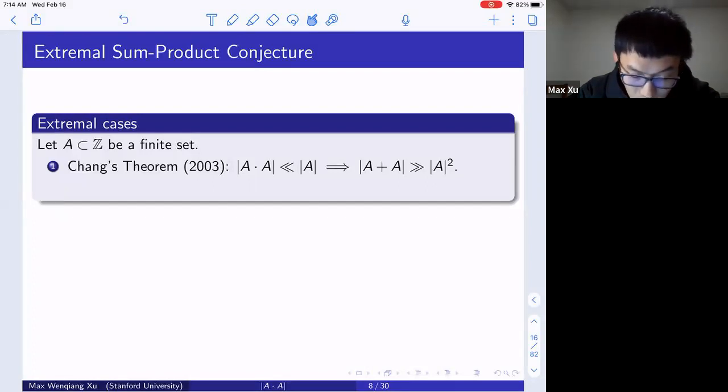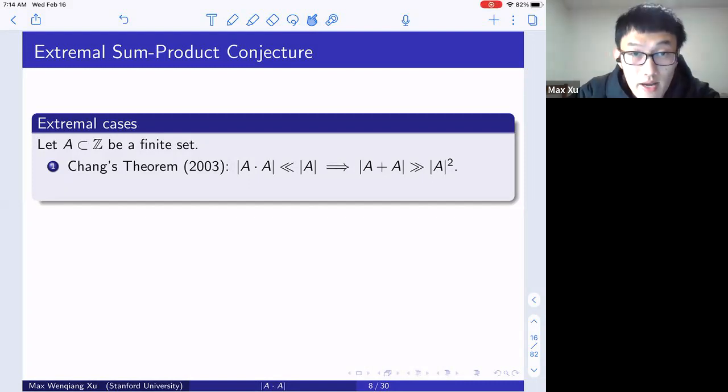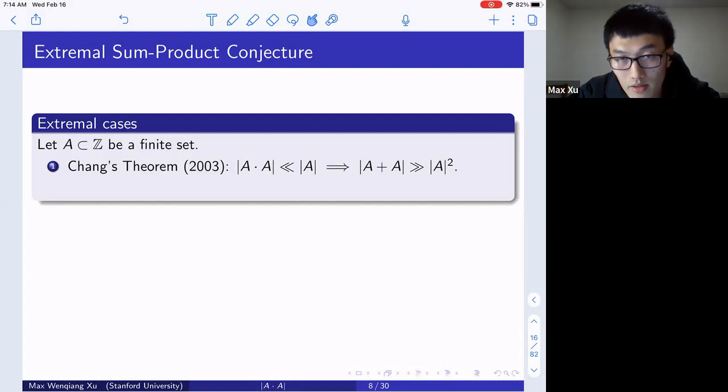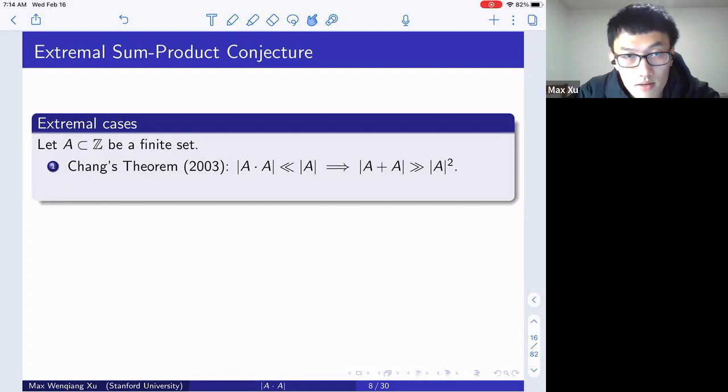For example, if we assume this product set is only a constant times A, then we want to know how large the sum set is. In Chang's theorem, she proved that you can even get A squared up to a multiplicative constant. Her proof involves so-called additive energy and some exponential sum estimates.